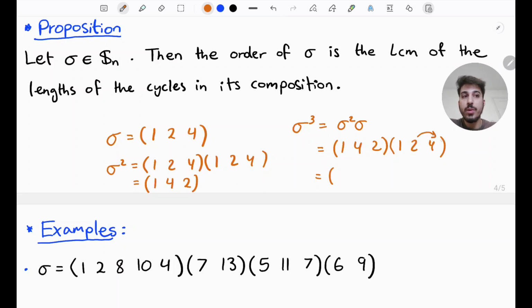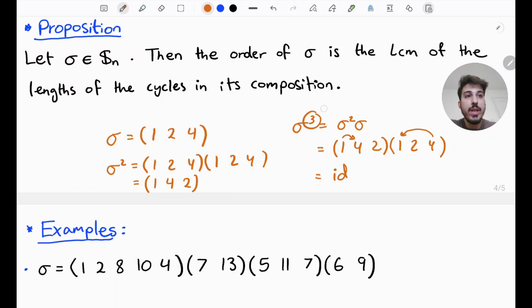So 2 goes to 4 and 4 goes to 2. 2 is fixed as well. Okay, what about 4? 4 goes to 1 and 1 goes to 4. 4 is also fixed. So all 3 elements are fixed. And of course the element 3 is nowhere to be found. So that's automatically fixed. So all the elements are fixed and sigma to the 3 is the identity permutation.